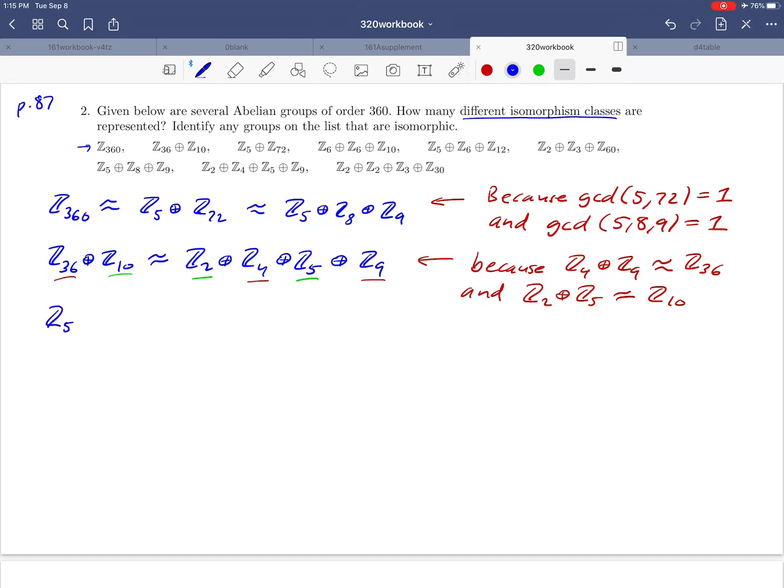Let's mention another one. I claim that Z5 plus Z6 plus Z12 is actually isomorphic to Z2 plus Z3 plus Z60. We can give a similar reason for that. 2 and 3 are relatively prime, so we can put that Z2 plus Z3 together into a Z6, which we're seeing over here.